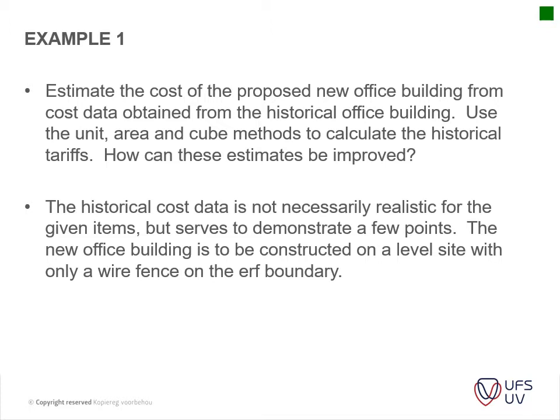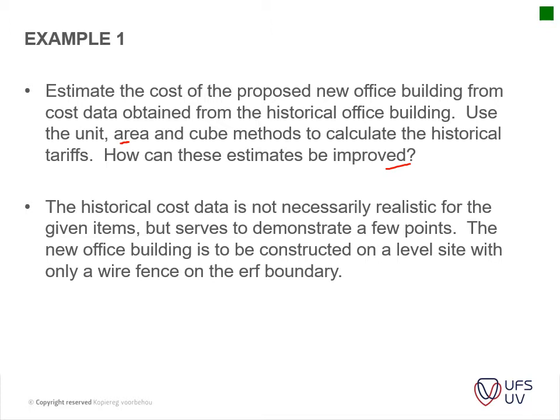Estimate the cost of the proposed new office building from the cost data obtained from the historical office building. Use the unit, area, and cube methods to calculate the historical tariffs. The area one as well. How can these estimates be improved? We're going to do this question in a second part, but we're going to look at the basics for now.